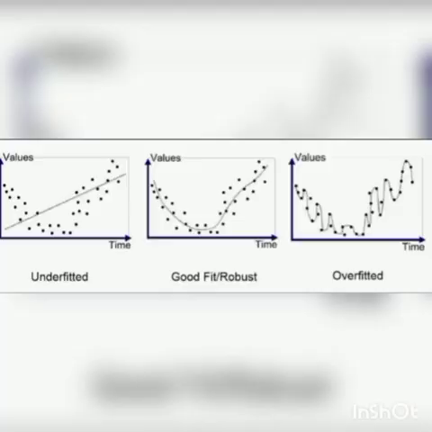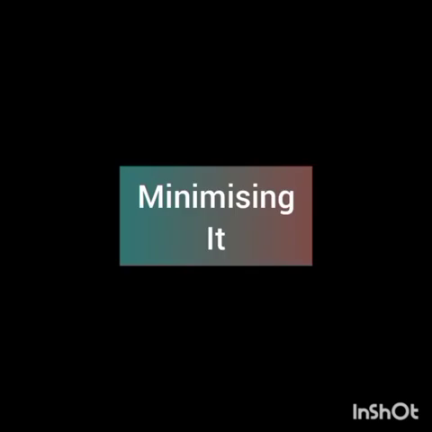But mostly when complexity increases, the error for test data also increases. This is called overfitting. Now we try to minimize it. For that, we need some kind of polynomial equations.